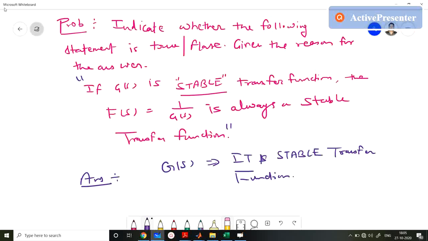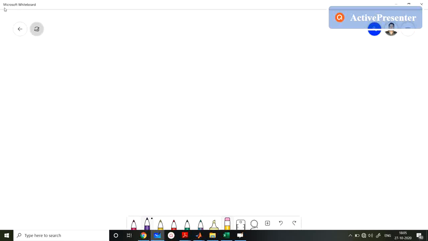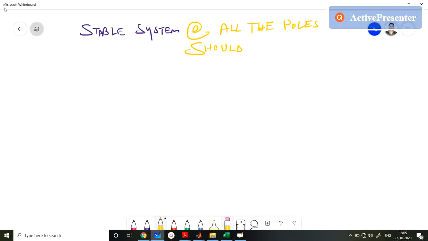Now whether F(s) is stable or not is decided by the poles. For a stable system, what is the condition? All the poles should lie in the left half plane, which means no pole should be on the right half.